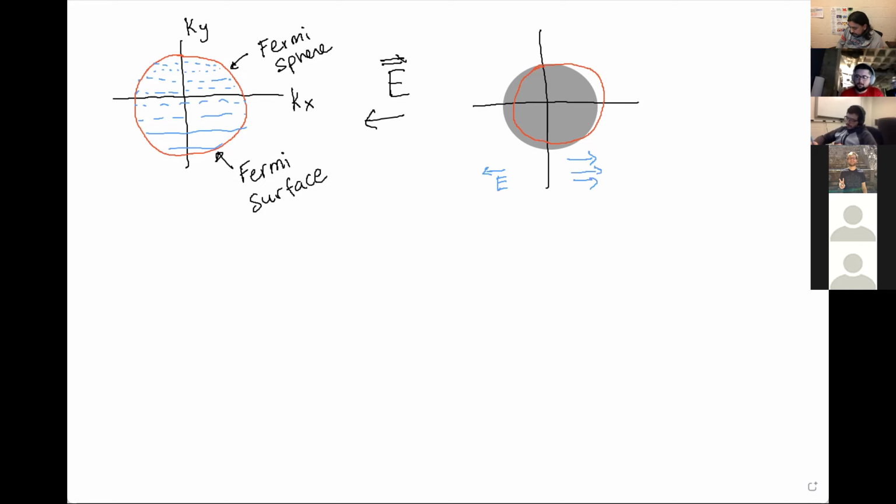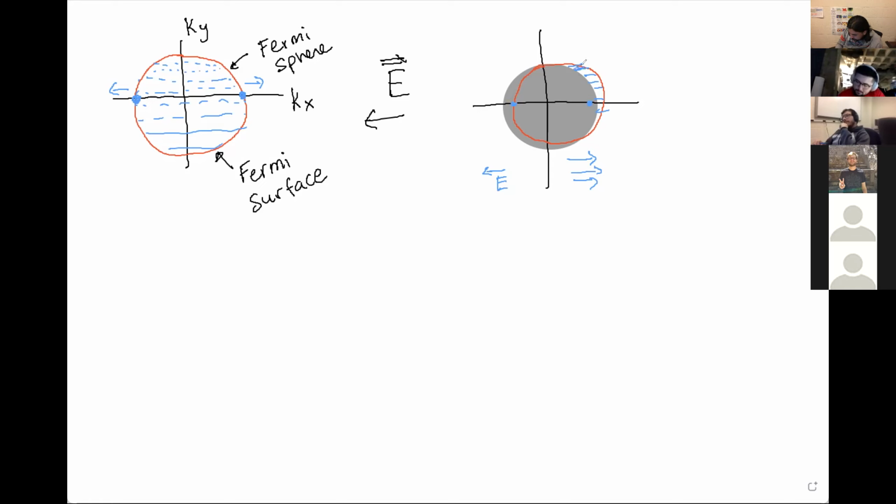And now you have an imbalance. So let's look at it this way. In the original one, there's an electron here that is moving with that speed in that direction. But there's also an electron here that is moving with that speed in that direction. So they cancel out and there's no net current flowing, right? At this point, there's an electron here because of the electric field that cancels an electron here.